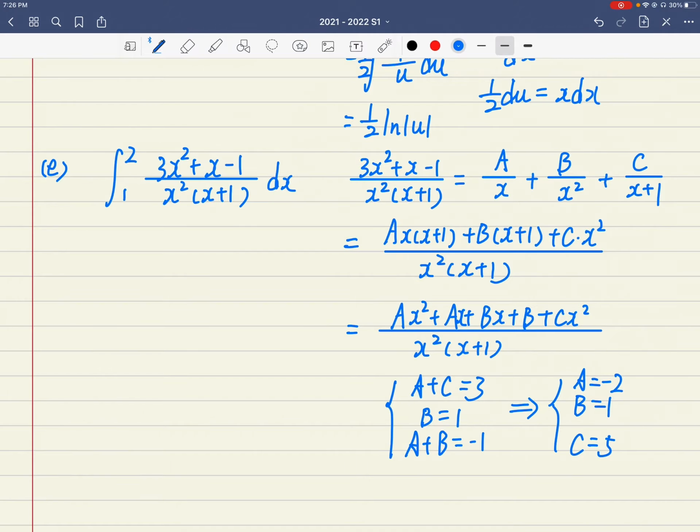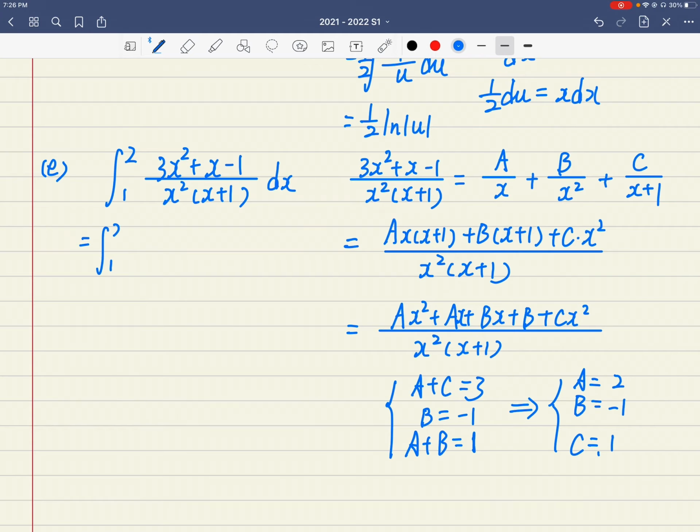So ax plus bx is x, so actually a plus b is 1. And then actually we only have b here, and we have -1 here. So b is -1. So b is -1, so a is 2, and c is 1.